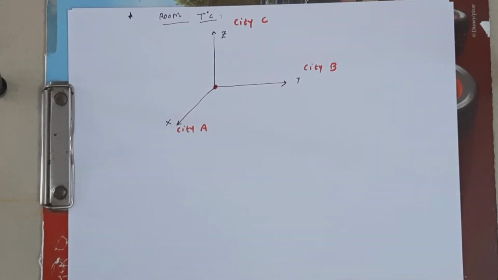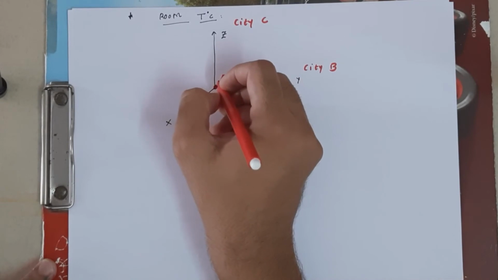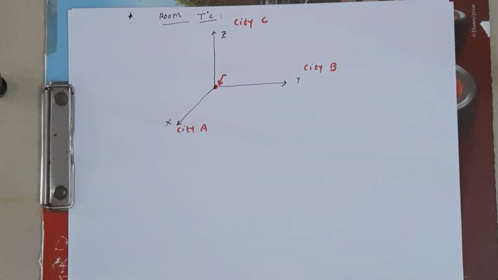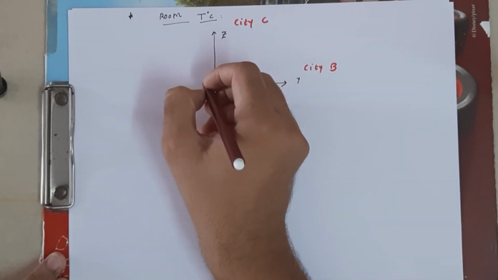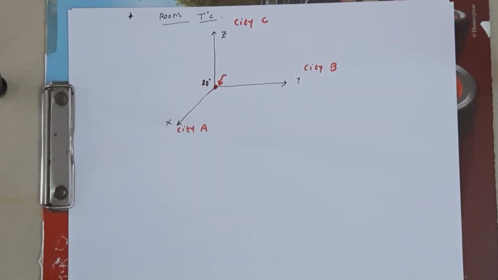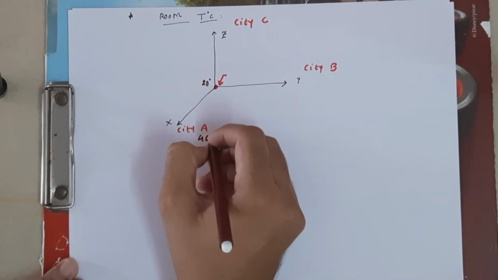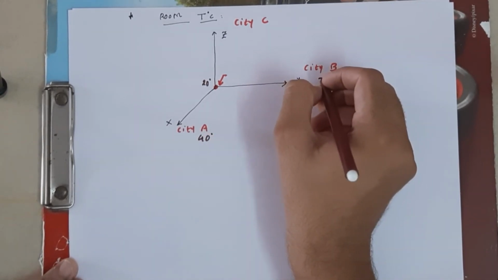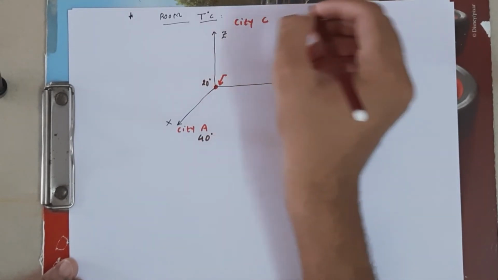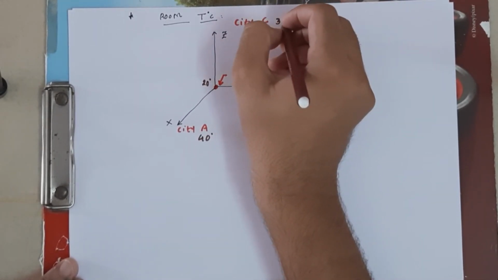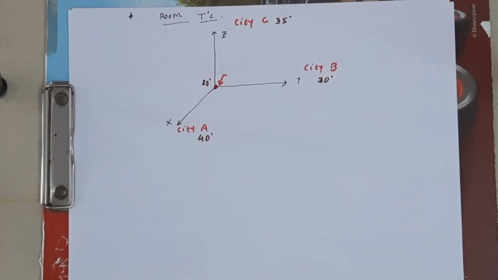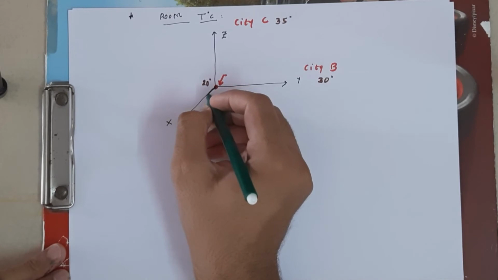Now you can measure how much the temperature changes with respect to this origin. At the origin the temperature is 20 degrees Celsius. In city A the temperature is 40 degrees Celsius. In city B, let us say the temperature is 30 degrees Celsius, and in city C it is 35 degrees Celsius.